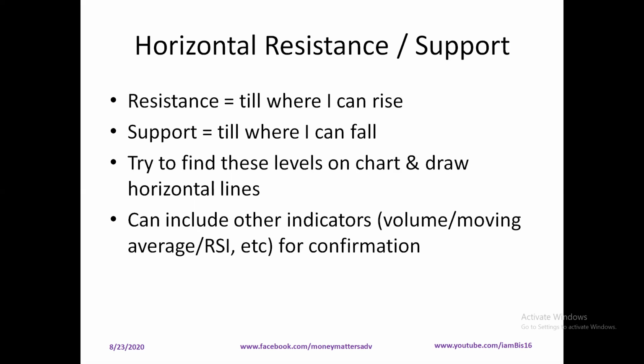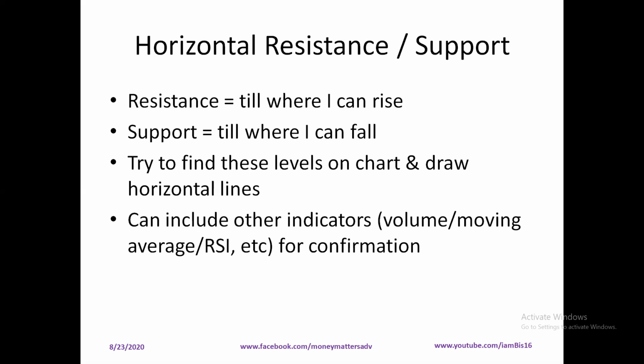So the price action strategy is just to find out these levels on your chart and draw horizontal lines to determine that, okay, this is the level where my stock or index can face the resistance, and this is the level where it can take the support.